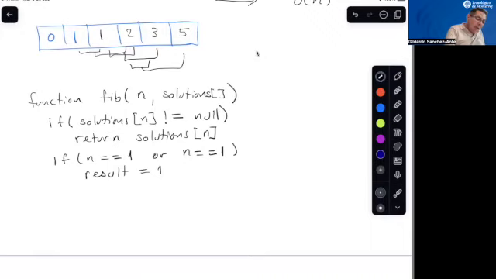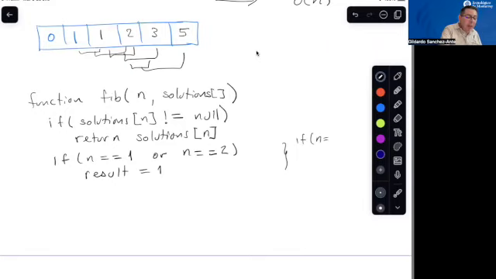Now, let's see. This is 2. If it is 1 or it is 2, then I will return the value of 1. If I were using the other definition with Fibonacci of 0 and Fibonacci of 1 as initial conditions, I will have to change this a little bit. Then it would be 2 conditions.